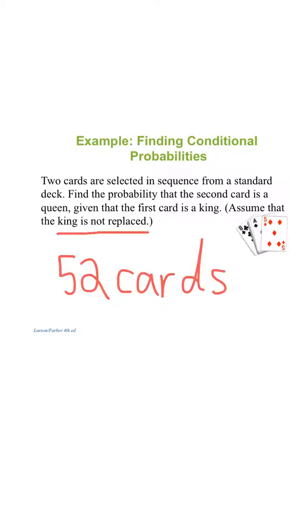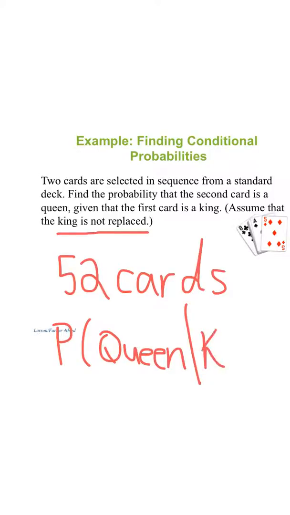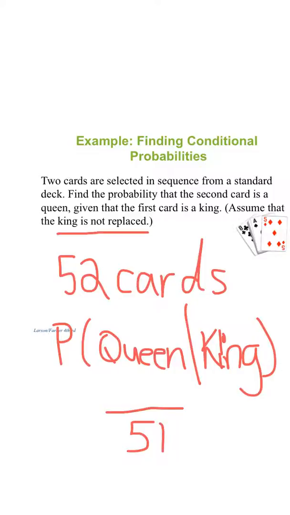So here's what we're going to write. We're going to say, what is the probability of getting a queen given the fact that we've already selected a king from the deck? Since we're not replacing the king after I've taken it from the deck, there's only 51 cards left in the deck.